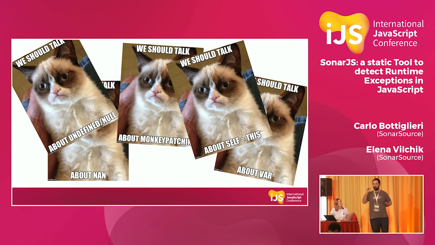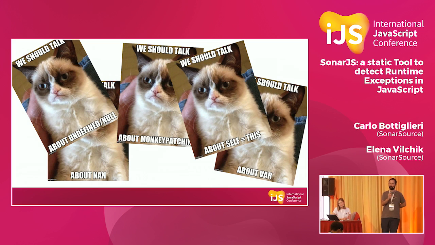So we are only raising stuff that almost everybody would agree with. This is why we tend to focus the default rule set onto bug finding, because everything that Elena showed you were things that were wrong. It was not a matter of use let instead of var or something like that.